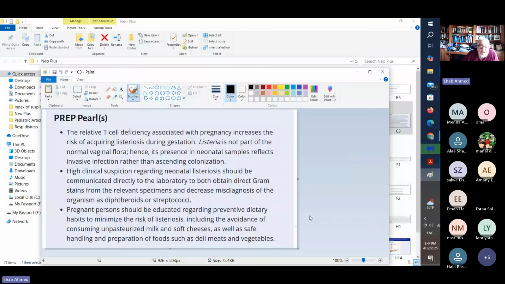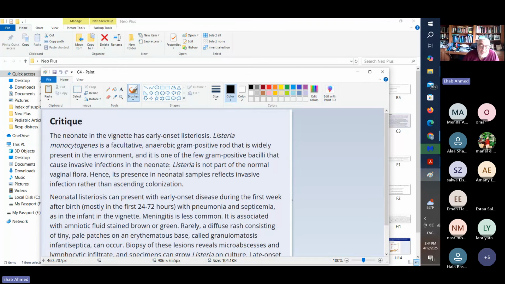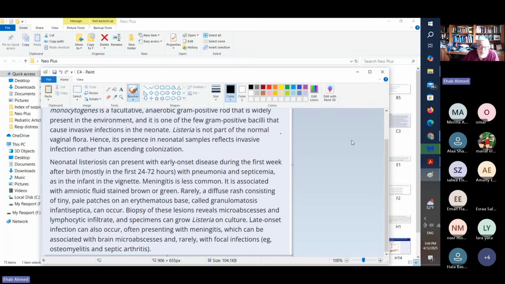And I believe in Egypt, unpasteurized milk is consumed by many, many people who cannot buy or who live in the countryside and have the milk available directly from the cow to the table. Okay. And then the critique will talk about listeriosis and listeria in detail, and I will send this all to you.